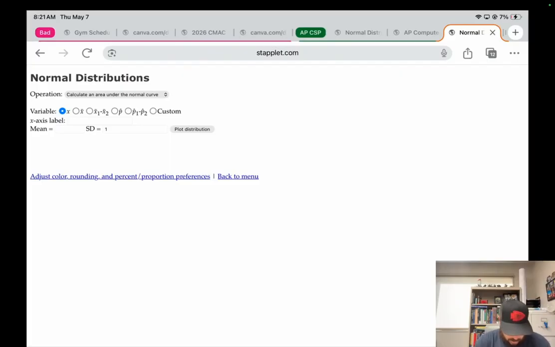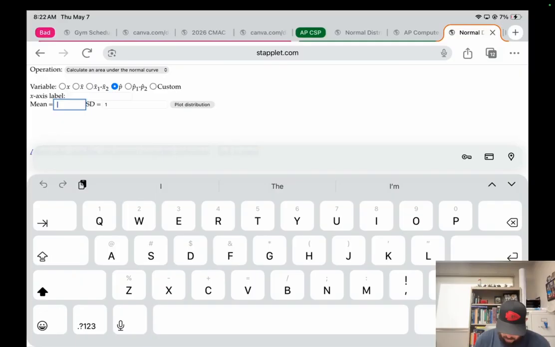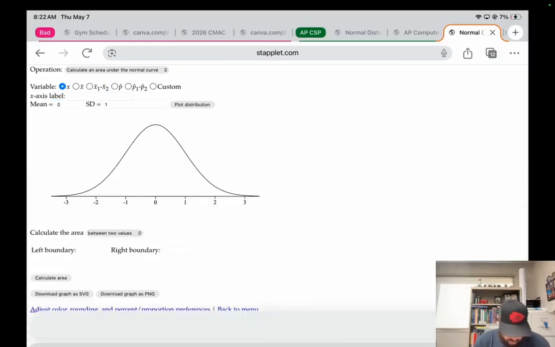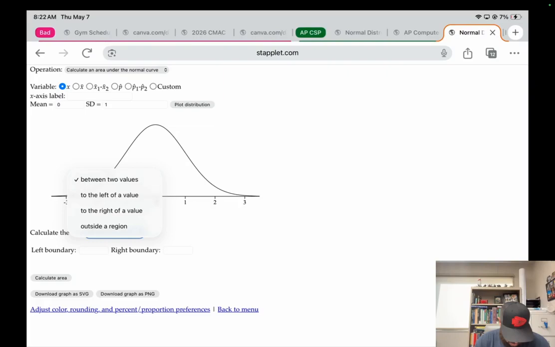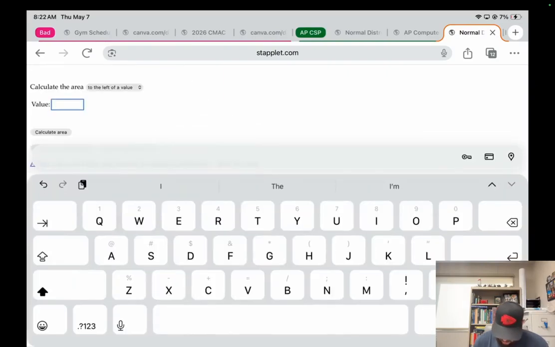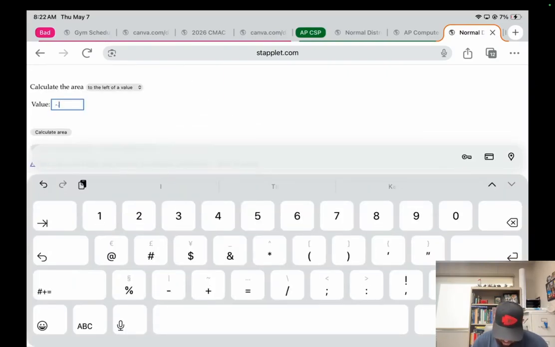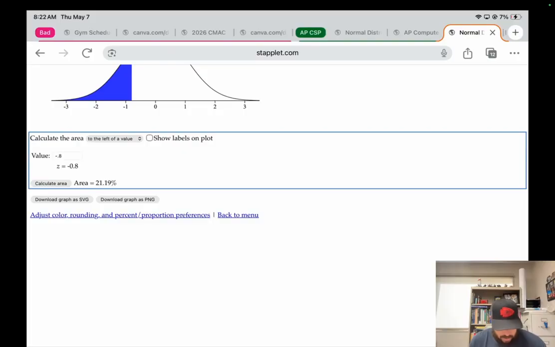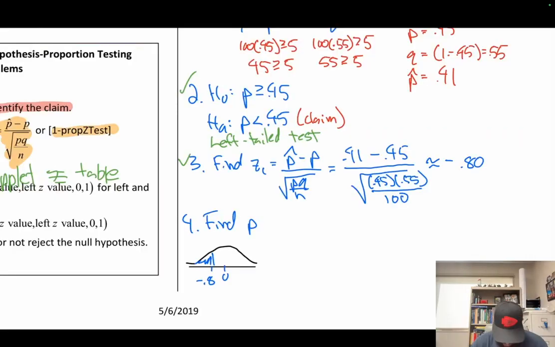Mean is 0, standard deviation is 1. We are looking for to the left of negative 0.8. And so then we get an area of 21.19 or 0.2119. Okay, so now we've checked that.